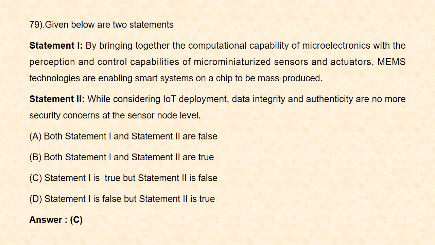And if you see the second statement, while considering IoT deployment, data integrity and authenticity are no more security concerns at the sensor node level. So this statement is wrong. So statement 1 alone is true, but statement 2 is false. So here option C is the correct answer.